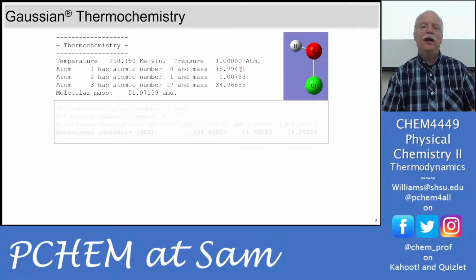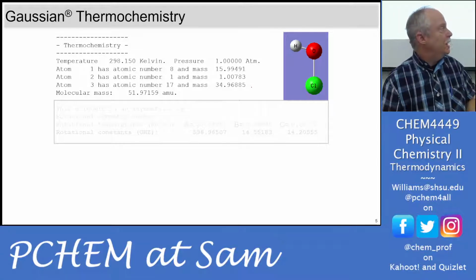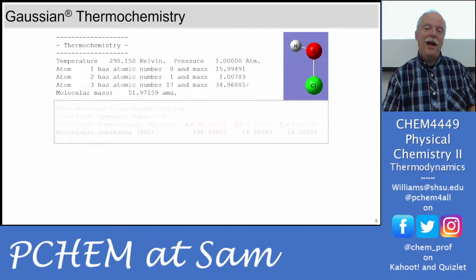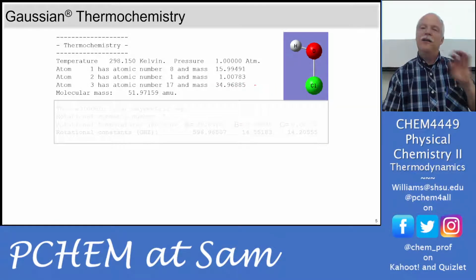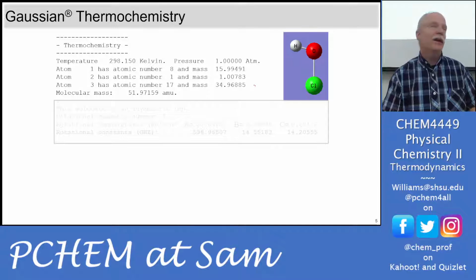You're not calculating this molecule with the mass on the periodic table. Look at chlorine; it's 35.5 roughly, and this is 34.96. So you're calculating the chlorine-35 isotope specifically. If you wanted to calculate the 37, you'd have to tell Gaussian to use the lesser common isotope.